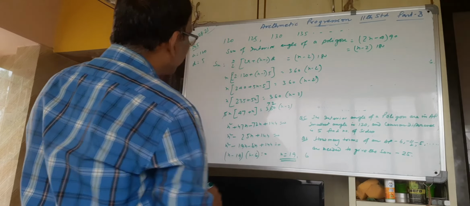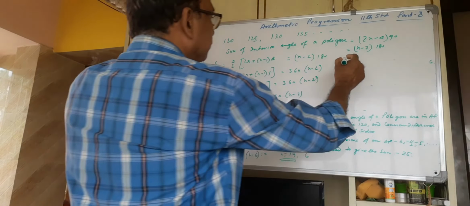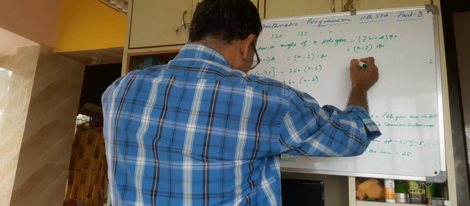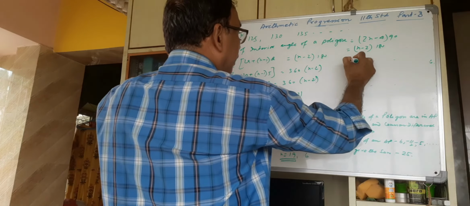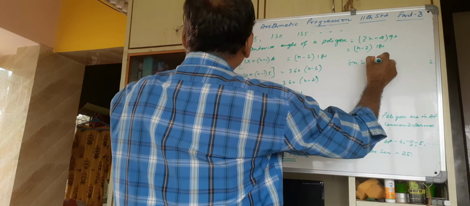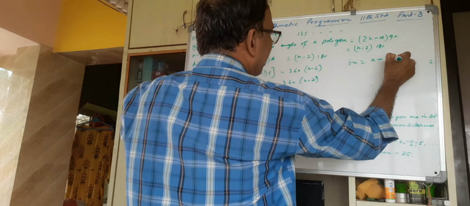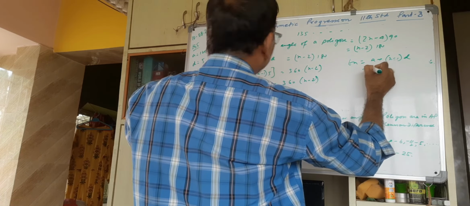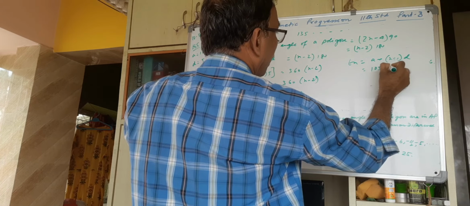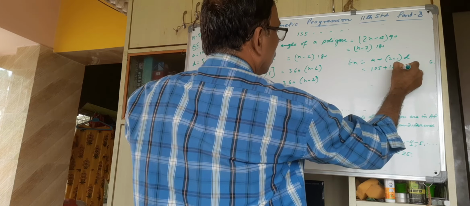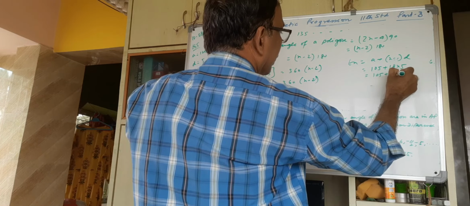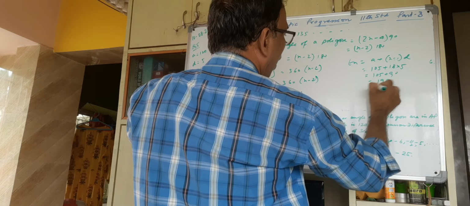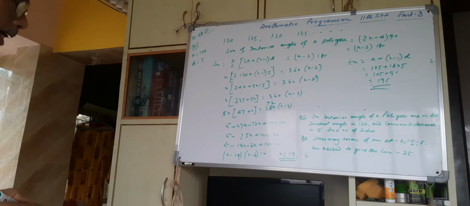But if n is 19, put it here: Tn equals a plus (n minus 1) into d. That is 105 plus 18 into 5, that is 105 plus 90, that is 195. It is absurd, this angle is 195.